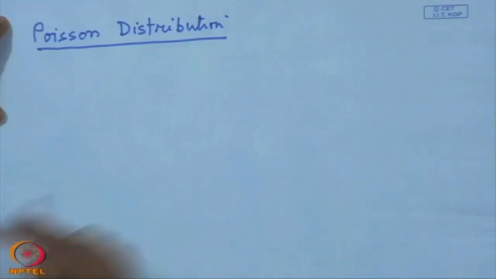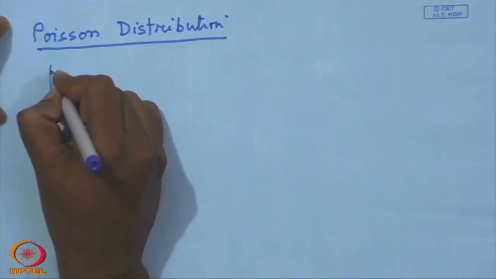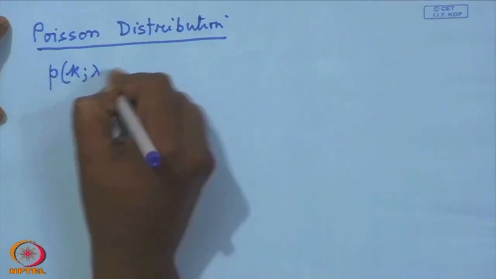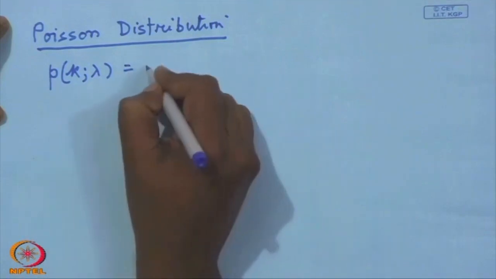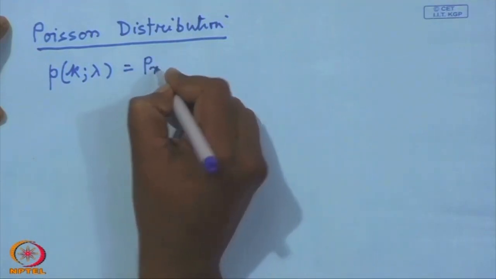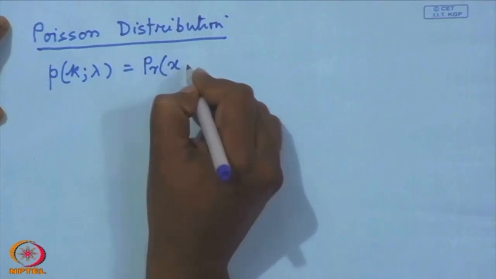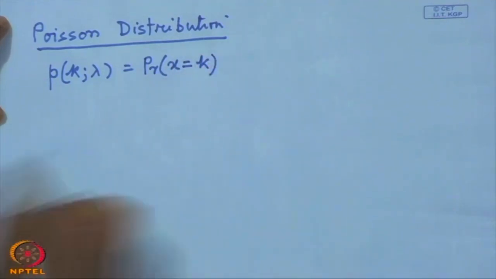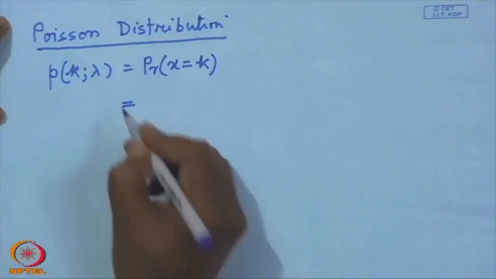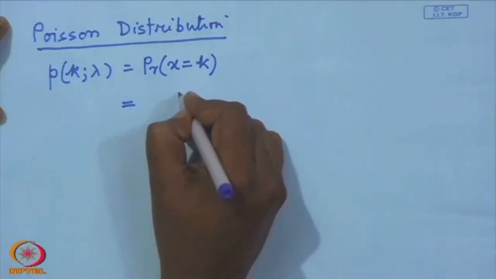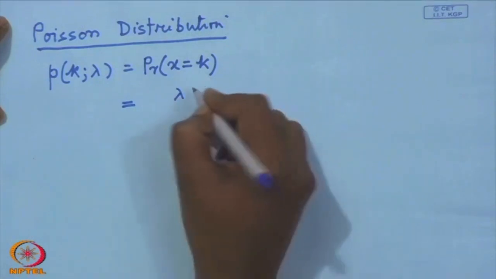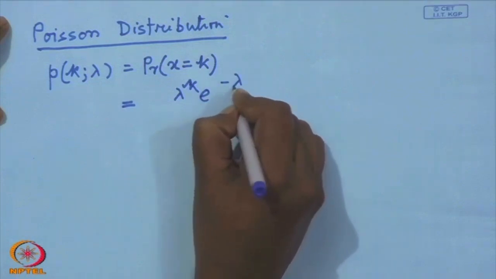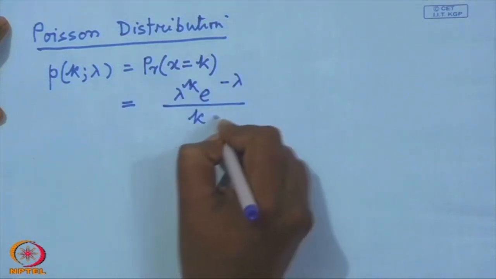And the analytic form of the distribution is p of k given lambda, which actually represents the probability that the variable x takes a value equal to k. And the analytical expression for this is simply lambda to the power k e to the power minus lambda upon k factorial.